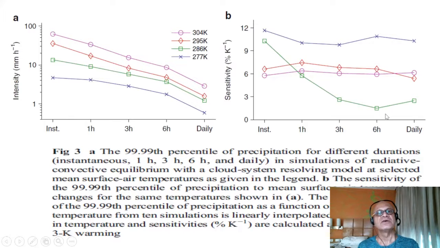So essentially you have to be very clear about what processes could be driving the intensity and duration of precipitation extremes, and what the sensitivity is to warming. Okay, here 3K warming is imposed in these experiments.